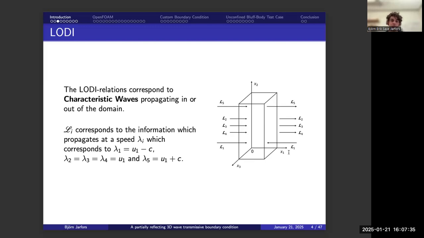And these characteristic waves, for example, L1 corresponds to the velocity lambda1, which is the convective velocity normal to the boundary, in this case where we have the boundary normal in line with the x1 component, minus the sound speed or speed of sound. So at the outlet, we'll see that we have one wave which is actually propagating in as long as we have subsonic cases where C, the sound speed, is much greater than the convective velocity.